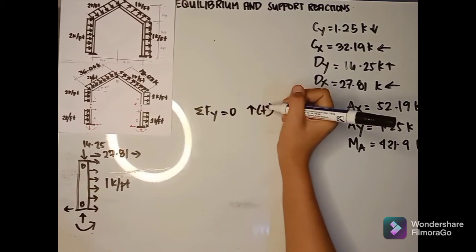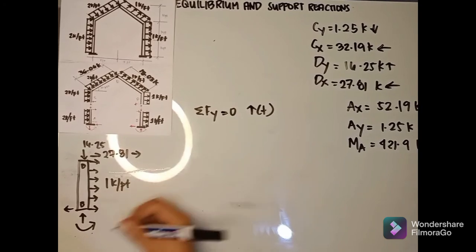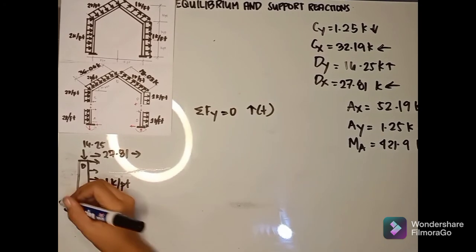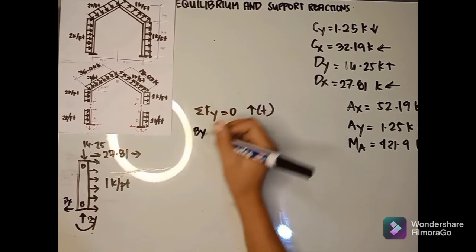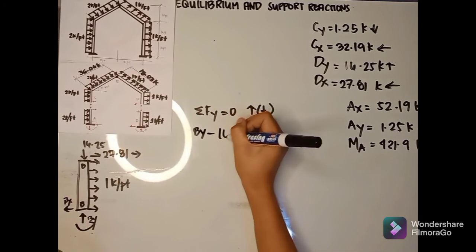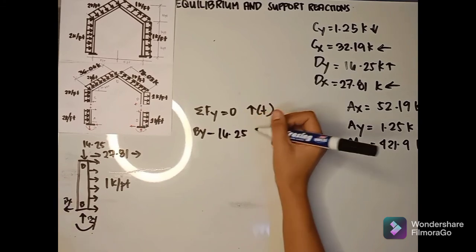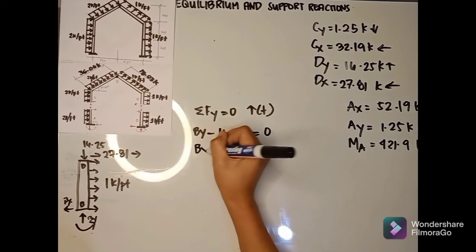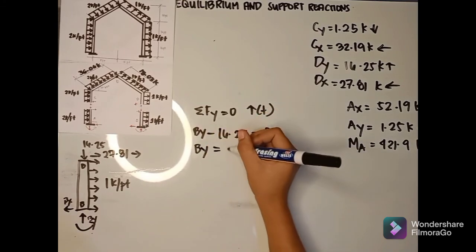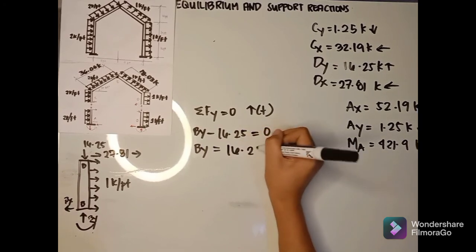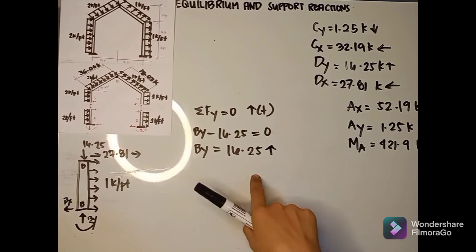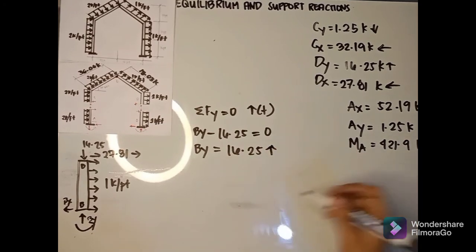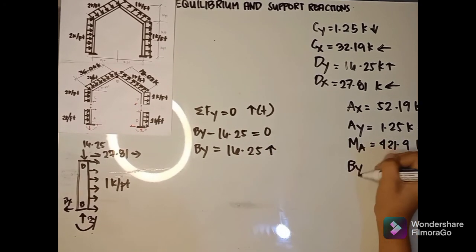Upwards is positive. So, BY minus 16.25 is equals to 0. Solving for BY, our BY is equals to 16.25 upwards.